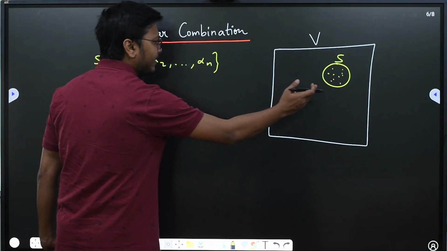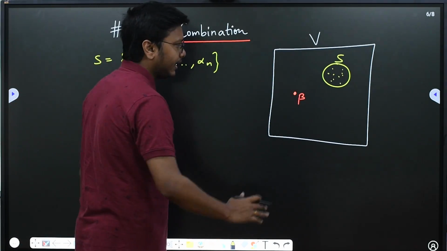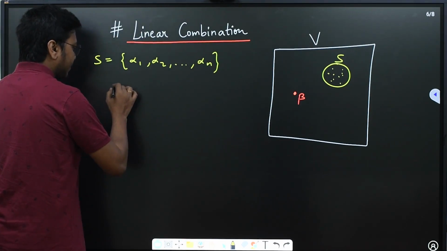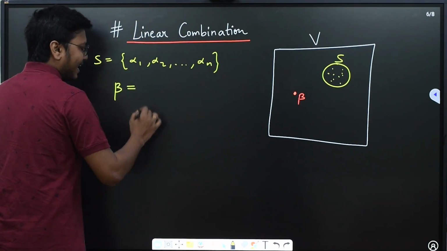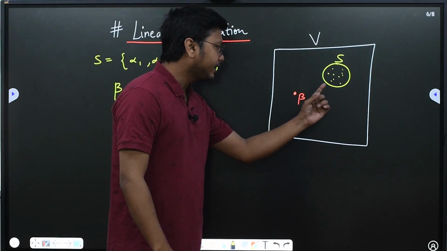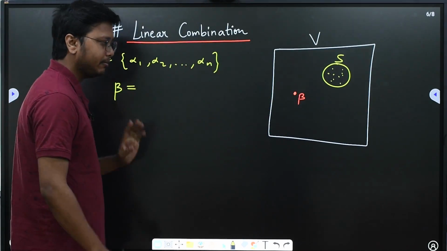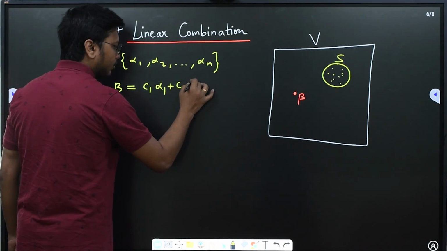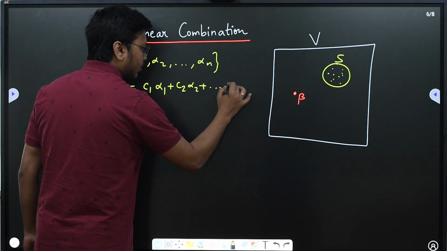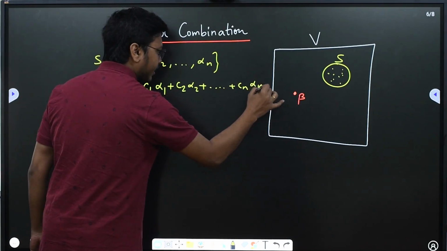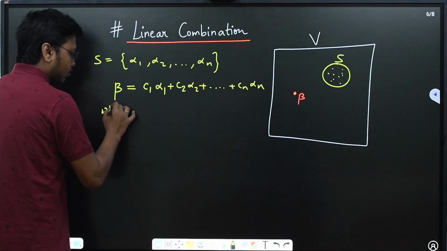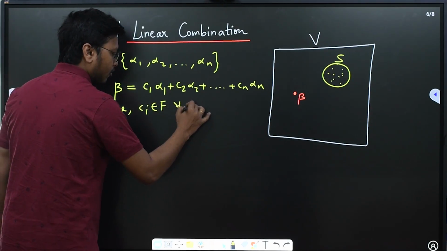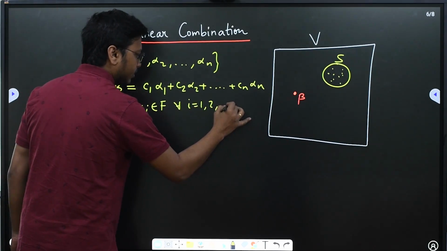Okay, so if beta is, let's say, lying somewhere outside the S set and it's an element of the vector space V, then if beta can be expressed as some linear combination of these elements, that means some constant into alpha 1 plus some constant into alpha 2 plus dot dot dot some constant into alpha n, where all the constants have been taken from the field F for all i equals 1 to n.